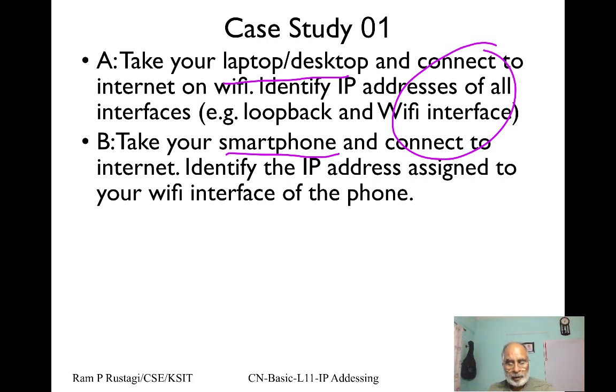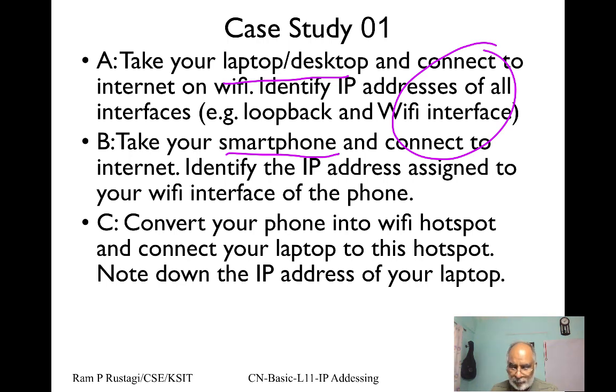Make a note. To look at the phone IP address, you can go to the about screen, look at the settings, and you will probably find the address. Third exercise is to connect your smartphone as a Wi-Fi hotspot, connect your laptop to the Wi-Fi hotspot, and then again find the IP address of your laptop.